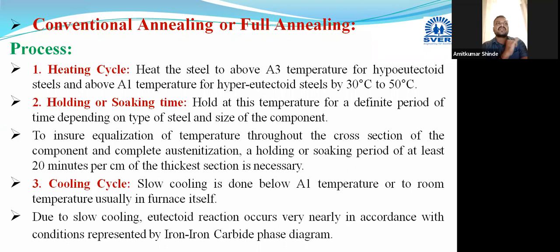Heating and holding, these two processes will be conducted in the furnace. Already in this practical I have shown you how the annealing is conducted. In the muffle furnace, we have heated the steel sample above A3 temperature, as we have used hypoeutectoid steel.